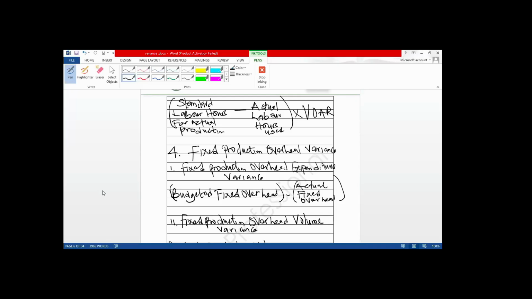Roman figure 2, fixed production overhead volume variance.